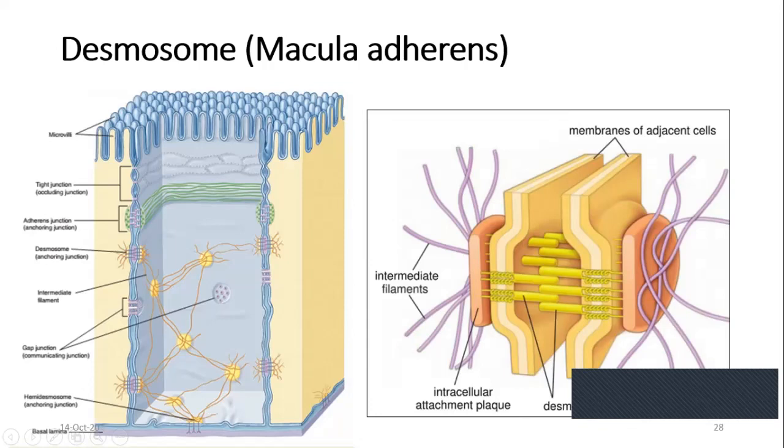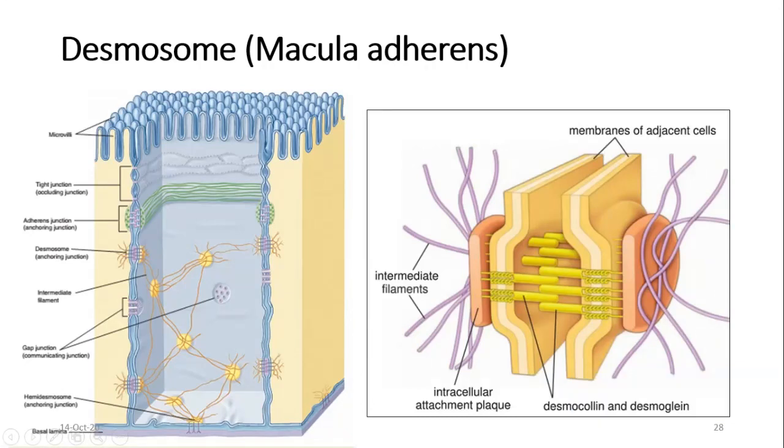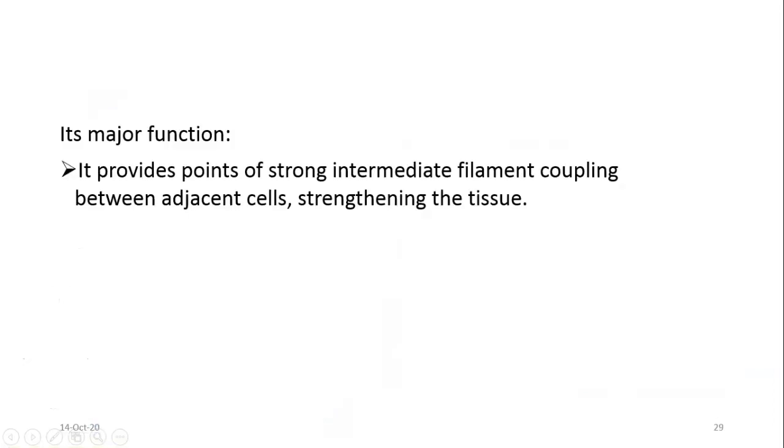Plakoglobin and desmoplakin connect or bind to the intermediate filaments. As we see in the left side, all these desmosomes are connected to each other. So they link the cytoskeleton of the cells and strengthen the epithelium. The desmosomes provide point of strong intermediate filament coupling between adjacent cells, strengthening the epithelial tissue.